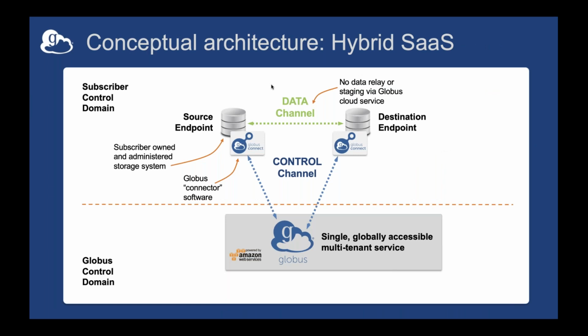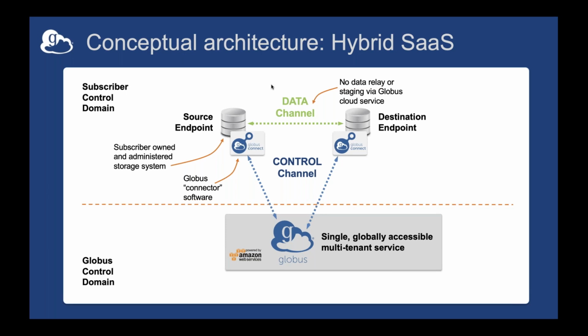Okay, so I'm not going to get too much into technical details, but I do want to explain something about how we make use of cloud computing, because I think that's important and also relevant in the context of this particular webinar. So I said that Globus is software as a service.